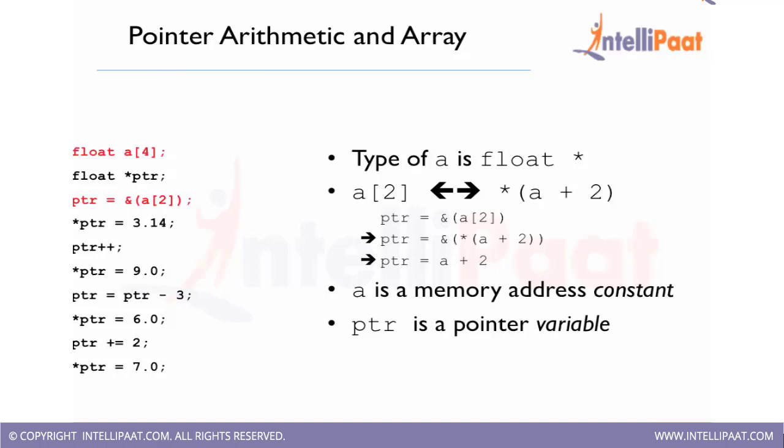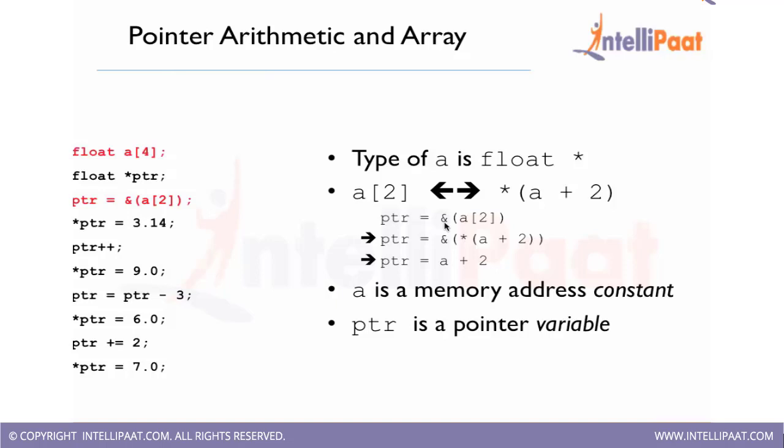Since the address at which the array starts is a and I am adding 2 to it, it will increment my pointer by 2, and the value at that address will give me a of 2. So this is how the behavior works.